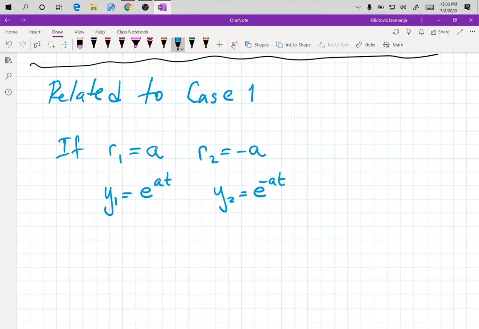The linear combination of these can be represented as y equals e^(AT) plus e^(-AT), which in this case is 2 cosine hyperbolic AT, because we need the division by 2.